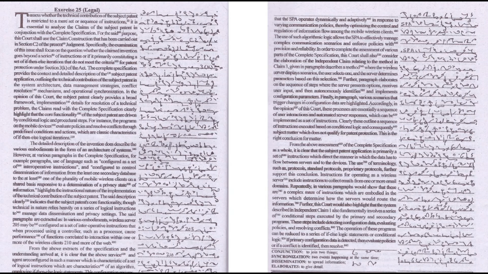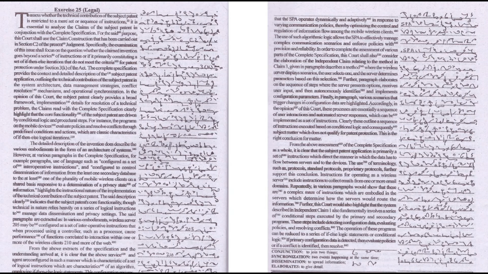The complete specification provides the context and detailed description of the subject patent application, outlining the technical contribution of the subject patent in the system architecture, data management strategies, conflict resolution mechanisms, and operational synchronization.